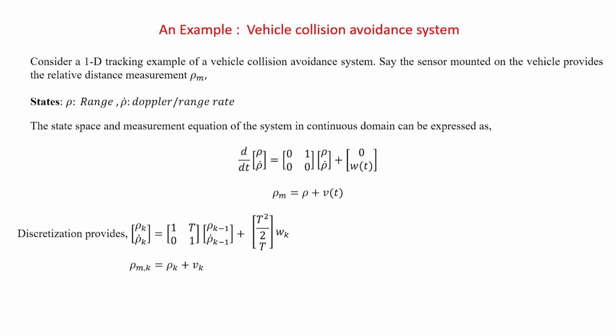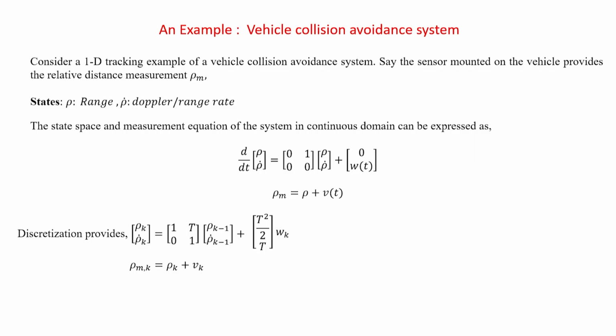Suppose a sensor is mounted on your vehicle, say a simple radar or a simple camera, whatever is good for you. You mounted it, and it is giving you the relative distance from your vehicle to the vehicle in front.